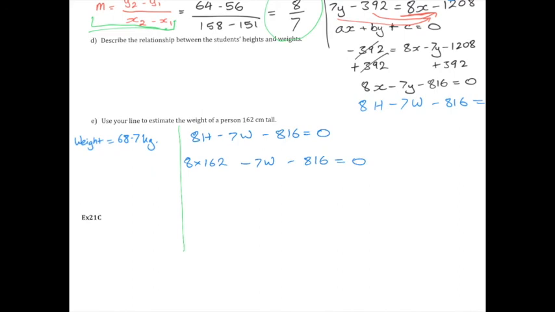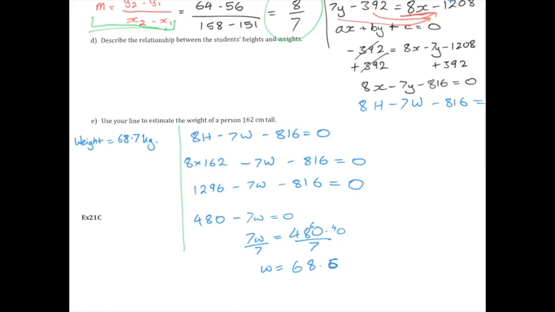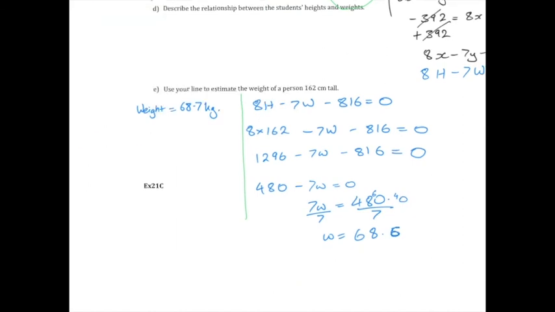And then basically I'm solving for W. Beautiful. Okay, so I'm going to keep going with mine. I got about 68.6. It looks like my prediction was pretty good.